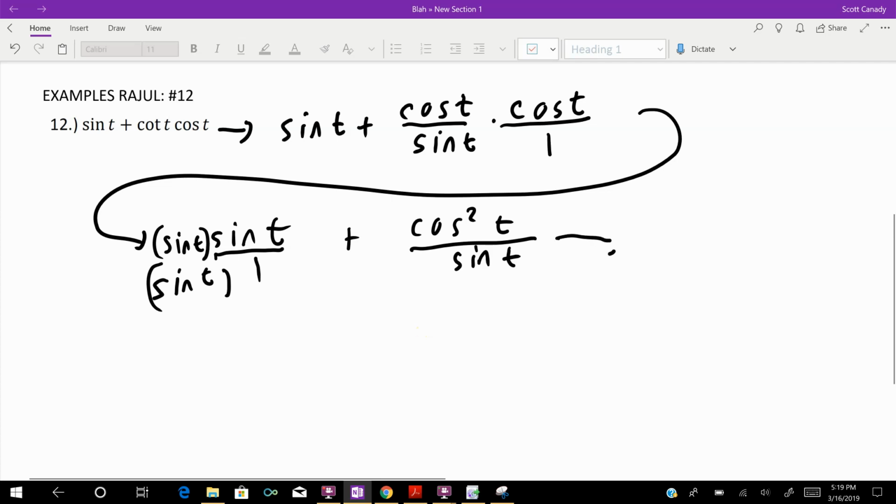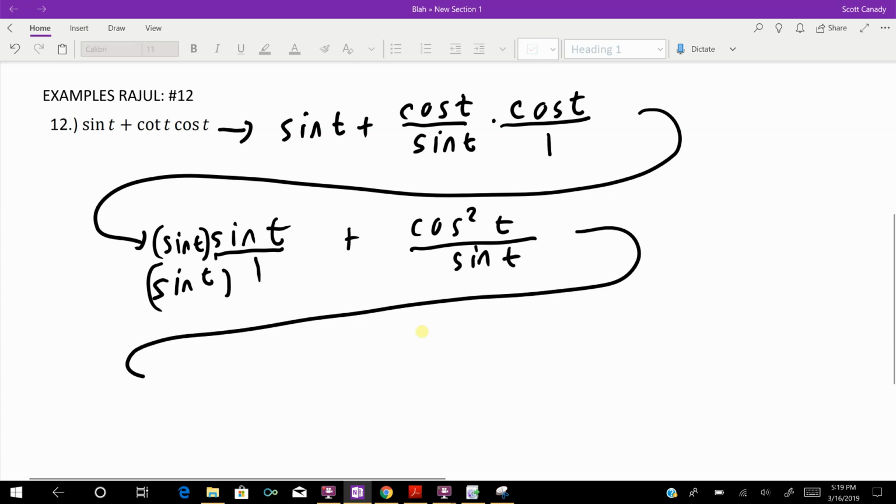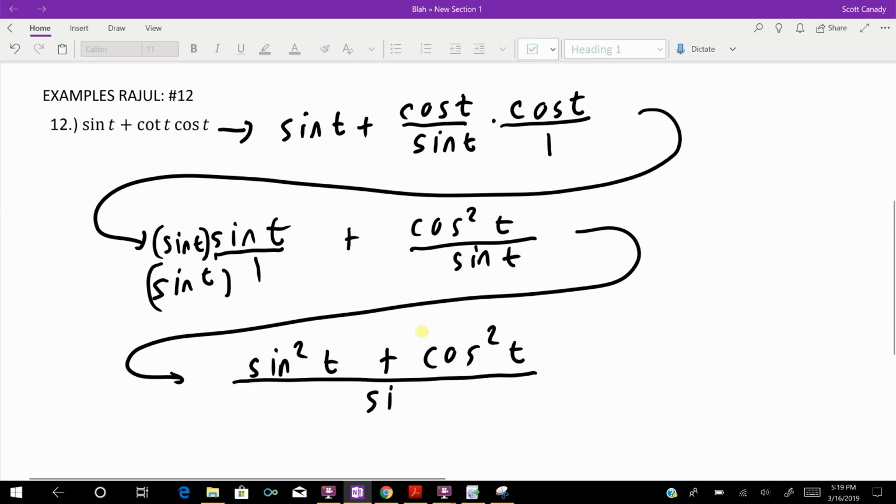All right, so that's going to become sine squared t plus cosine squared t all over our new common denominator, sine of t.